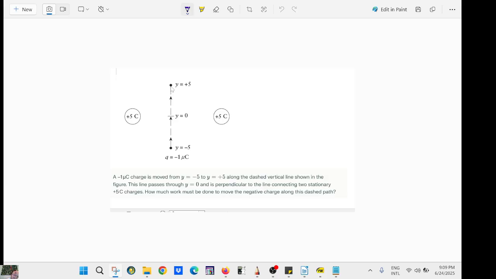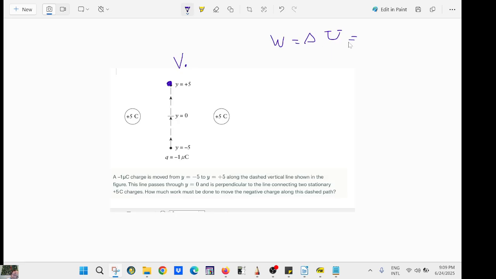So let's say you are moving at a constant speed and you have two positive charges on both sides. The work done is the change in electric potential energy. At that point, you have an electric potential.